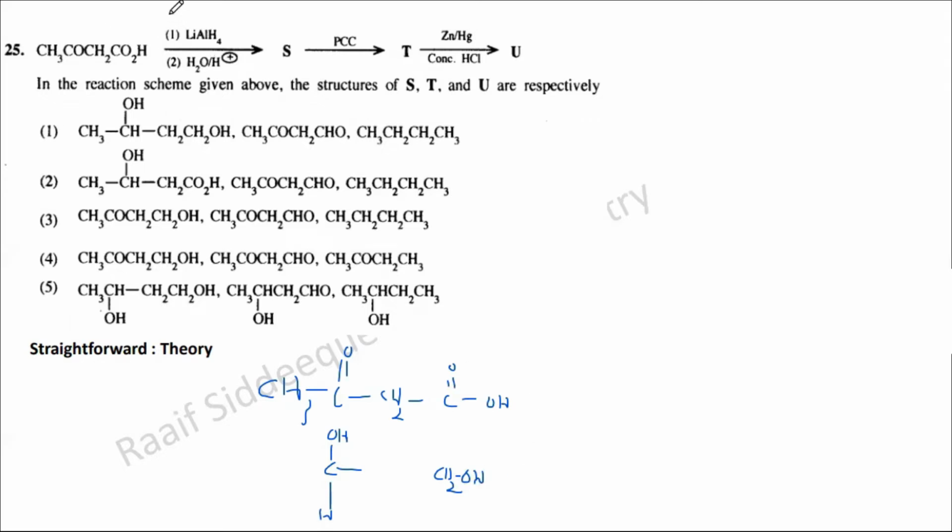Now tell me, if you have sodium borohydride instead of lithium aluminium hydride here, what is going to happen? You can use the chat box to answer me very quickly. Remember, these two are reducing agents, right?